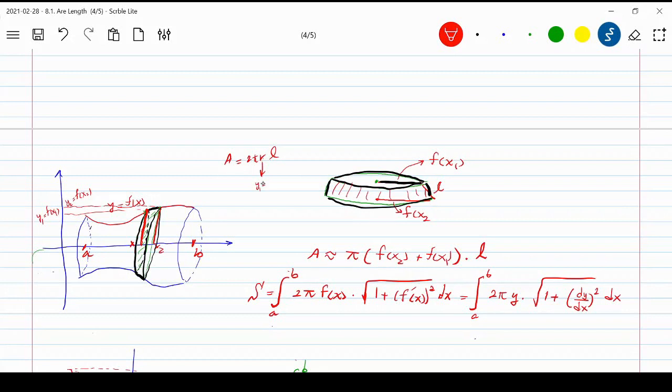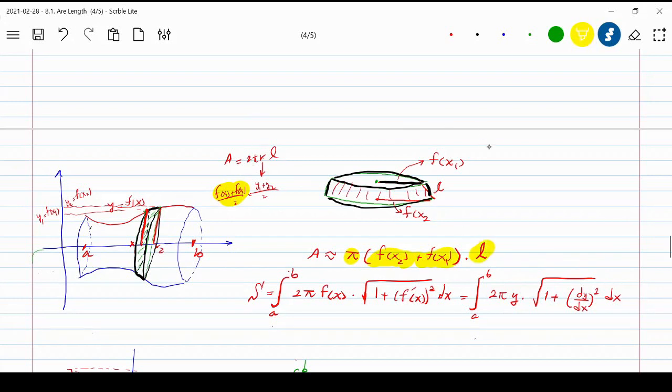That means y1 plus y2 divided by 2, or f of x1 plus f of x2 divided by 2. So instead of R, I can replace it with f of x1 plus f of x2 divided by 2, and if you multiply by 2 pi, then simply you will have pi times f of x1 plus f of x2 multiplied by L.